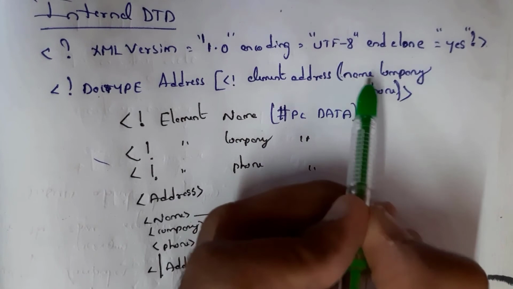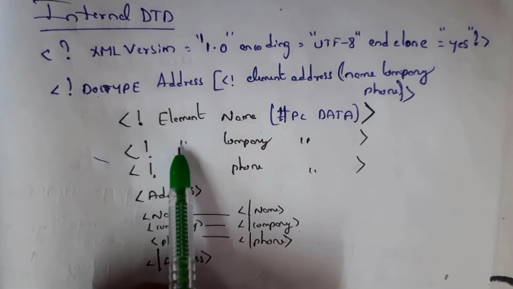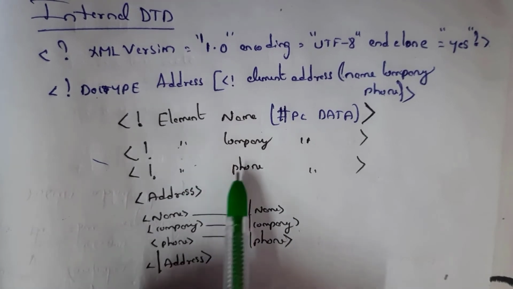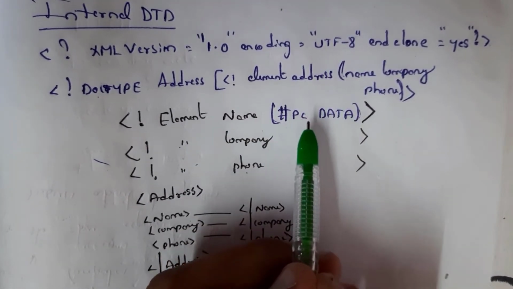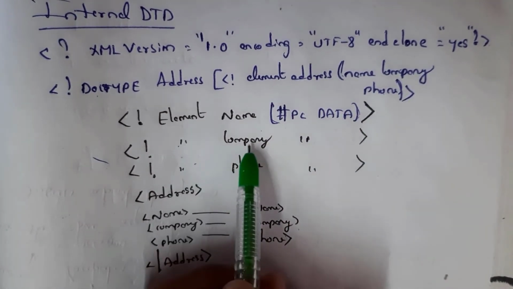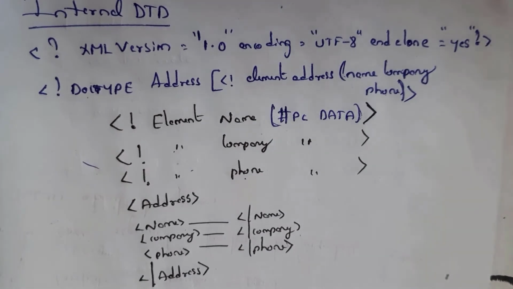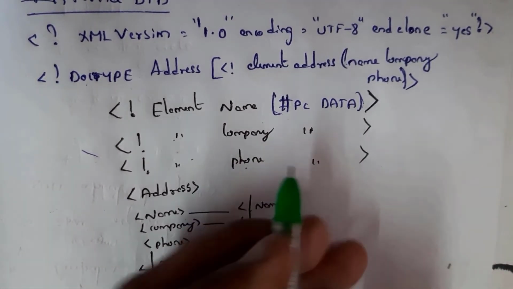Element address contains name, company and phone number. Similarly, here I am going to write element name, element company and element phone number. Contains #PCDATA. Similarly, this element company also contains #PCDATA, and similarly this element phone also contains #PCDATA.